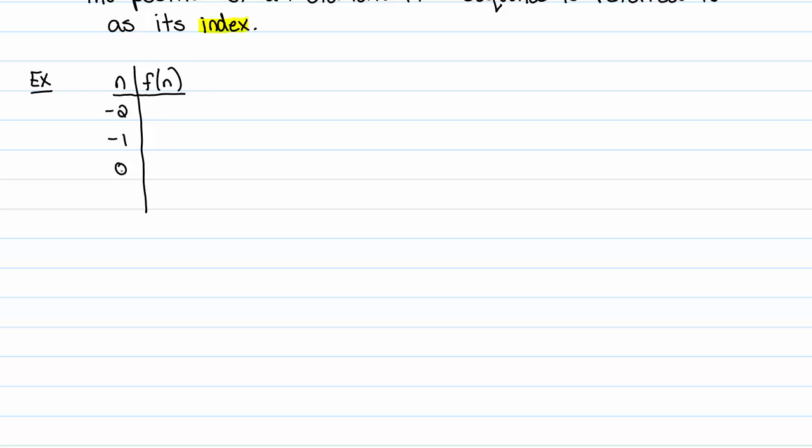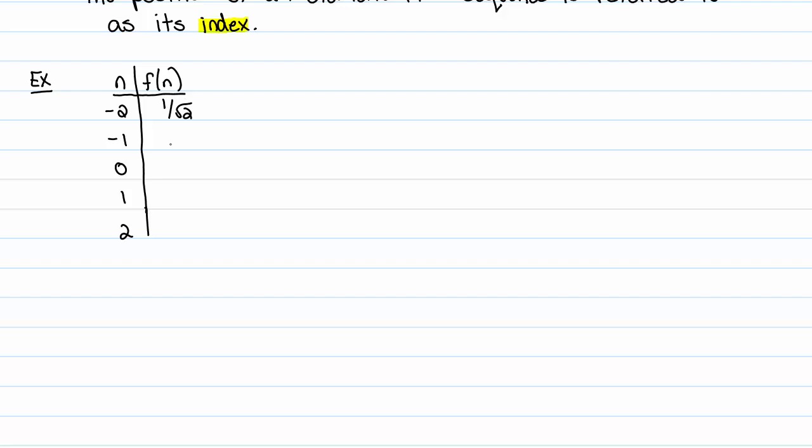In fact, it will be the case that sequences, their indices, or their indexes but it's indices if you pluralize that, increase by unit amounts. So if we start with -2, the next one in line will be -1, and so on and so forth. And let's pretend that -2, the index, leads to, let's say, 1 over root 2.